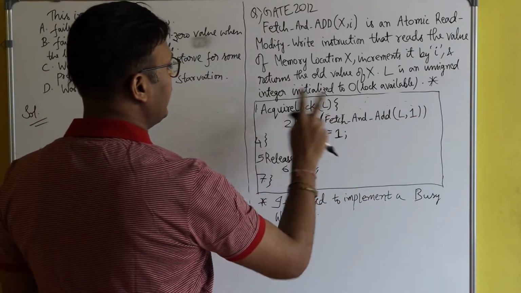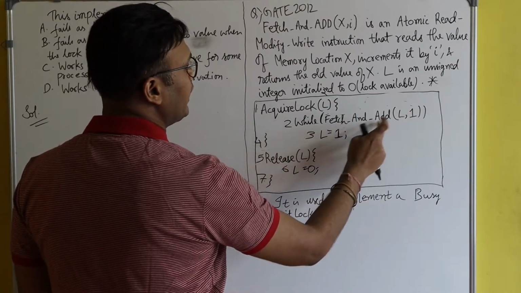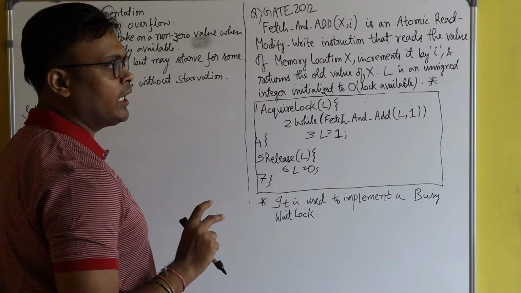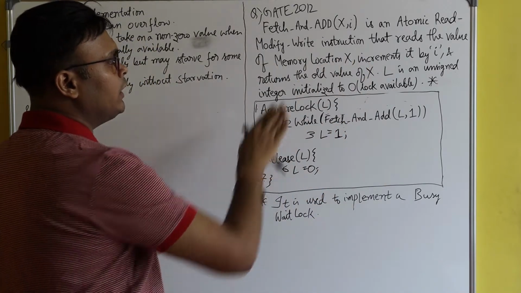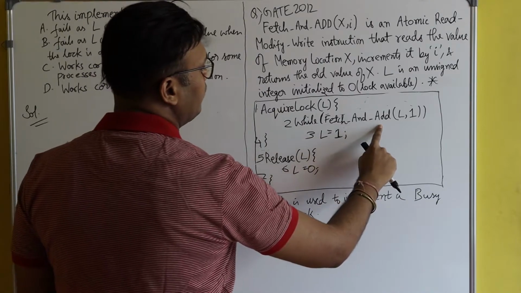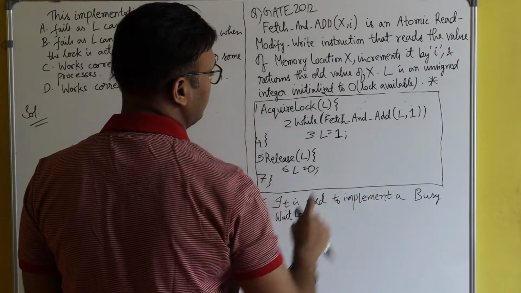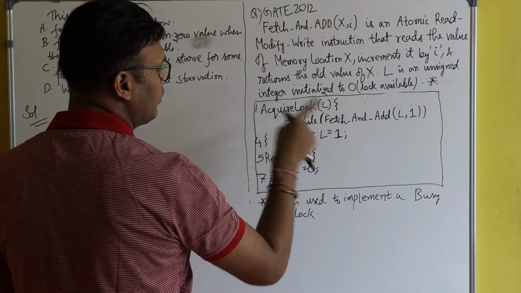In the entry section there is a while loop, where the fetch and add function has been called, and its definition is given explicitly in the question. The parameters passed are L, 1. And inside the while loop, there is a statement.